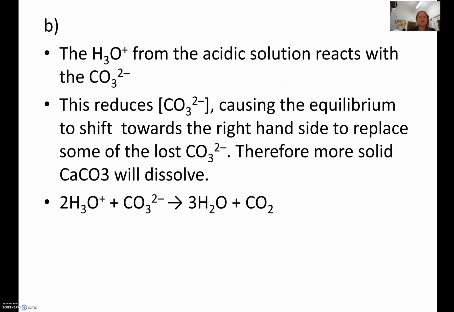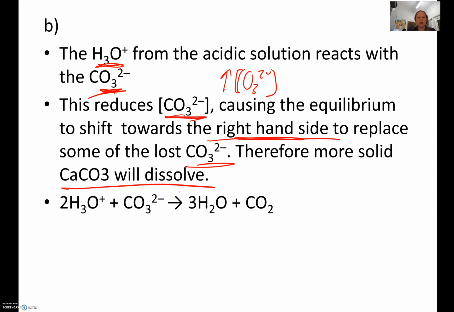So what's happening here is if we're adding H3O+, it's going to react with the carbonate ions, which are basic. So that's going to reduce the concentration of CO3 2-, so the equilibrium is going to shift to increase the concentration of CO3 2-. It'll do this by shifting to the right to replace the lost CO3 2-, and therefore more of the calcium carbonate will dissolve.